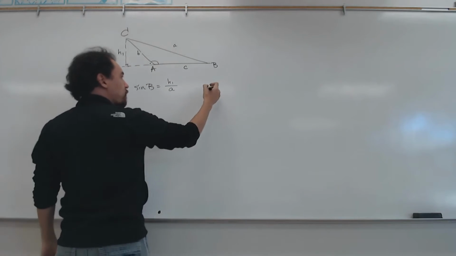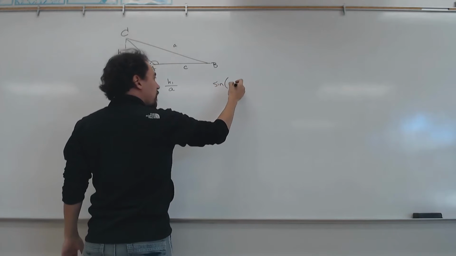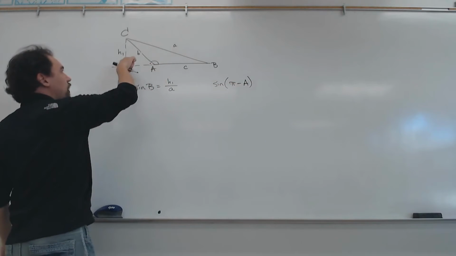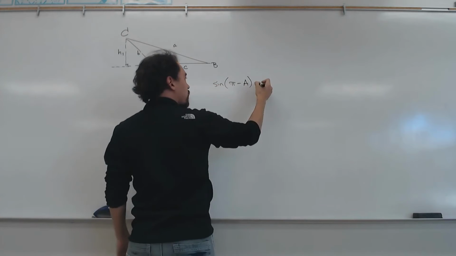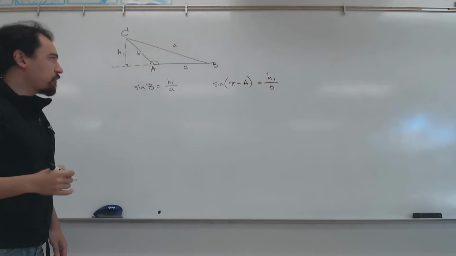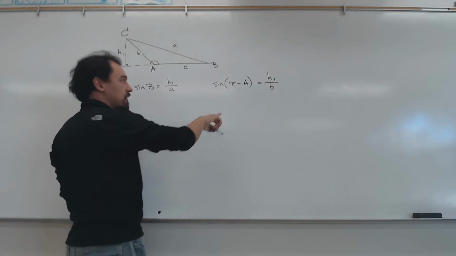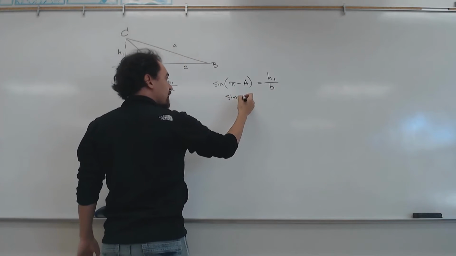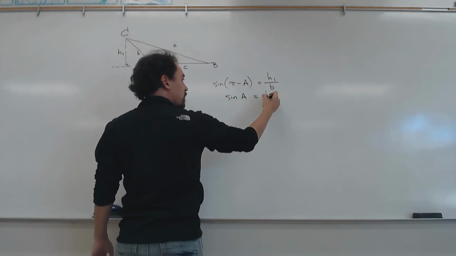So perhaps I could write this as the sine of pi radians minus angle A, and that would be equal to opposite over hypotenuse in that triangle. The best part, of course, is we have a trig identity that says the sine of pi minus an angle is the same thing as the sine of the angle itself.